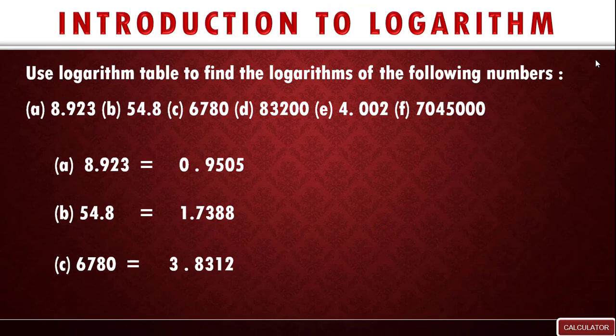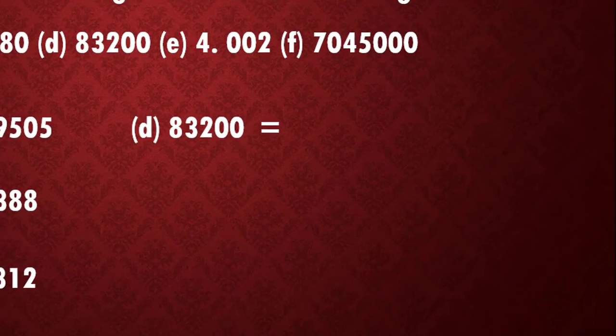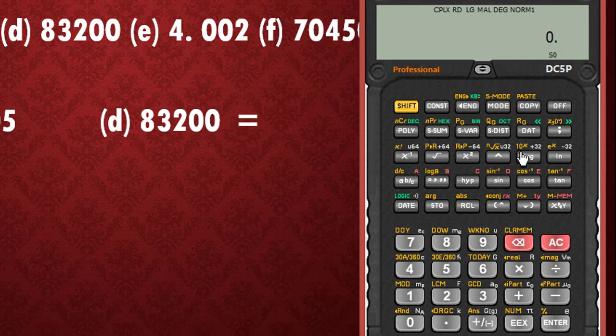Okay, so let's look at the next one, which is the D. The D is 83200. So we are to determine the log of this. Check out the number and see whether it's greater than 1 or less than 1. This number is greater than 1, so we can use our calculator to determine the logarithm. Okay, just press log 83200. Press equals or enter.